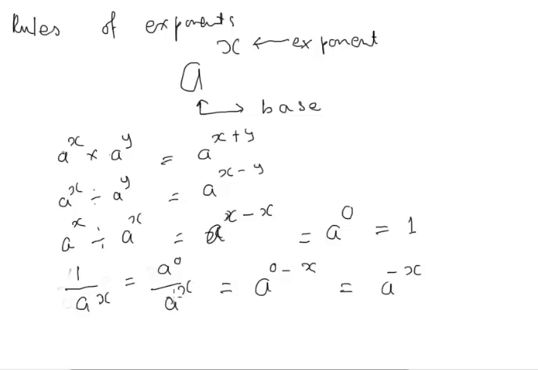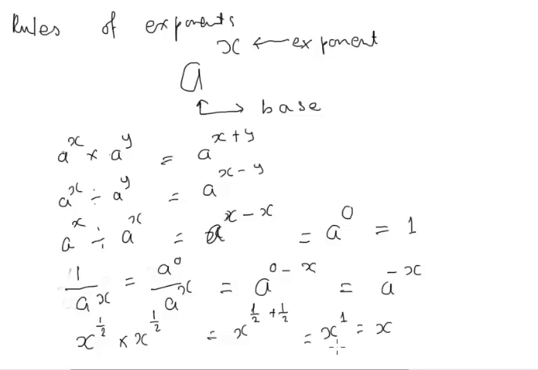Then the other thing which is also important is that x to the power half multiplied by x to the power half equals x to the power half plus half, which equals x to the power 1, which is actually x.